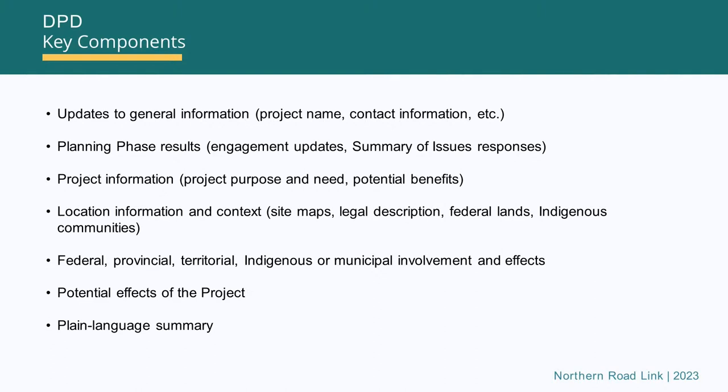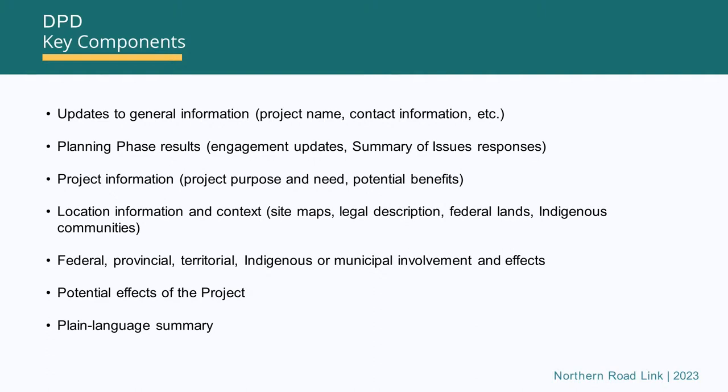You need to include any updates on information on the project, such as the project purpose, the need for the project, and potential benefits of the project. There has to be very detailed information describing where the project actually is, and these might include site maps or some sort of legal description as to where the lands and waters involved are, whether there are federal lands involved, Indigenous communities, and where these Indigenous communities are relative to the project.